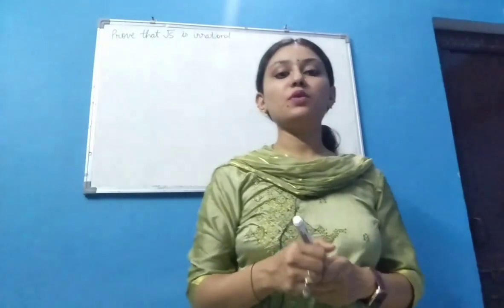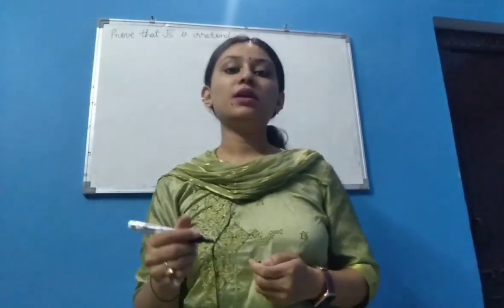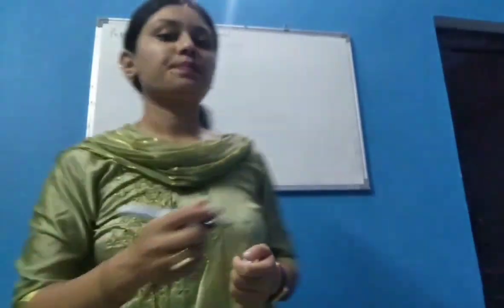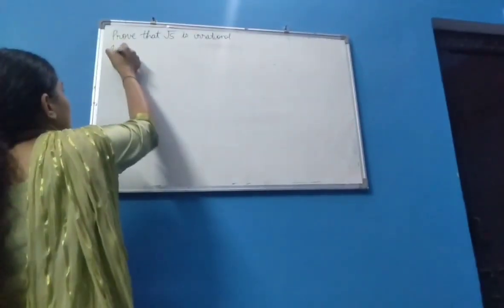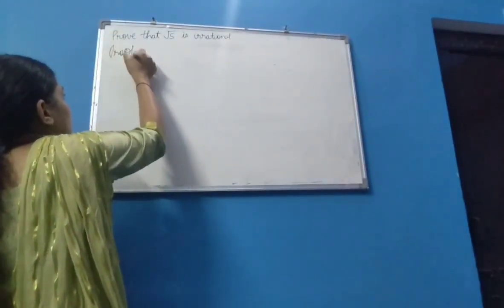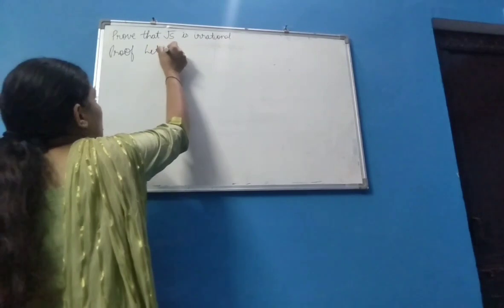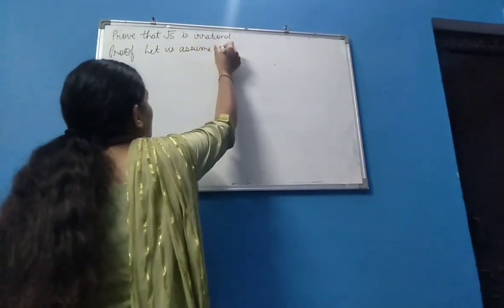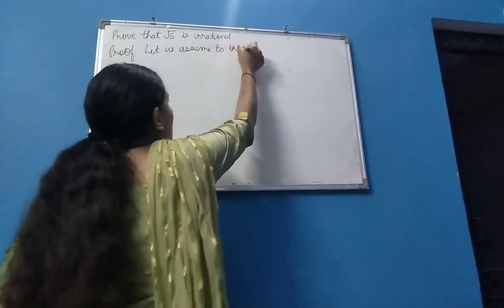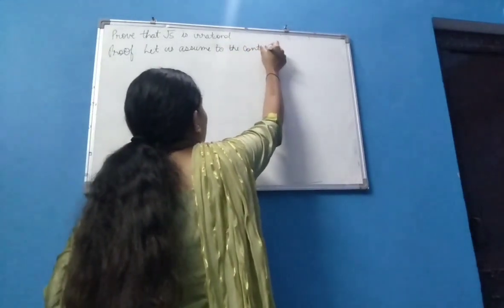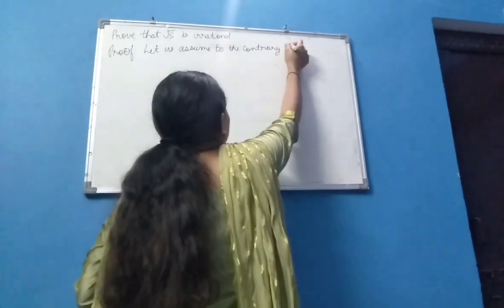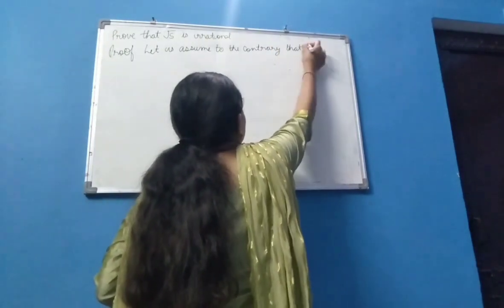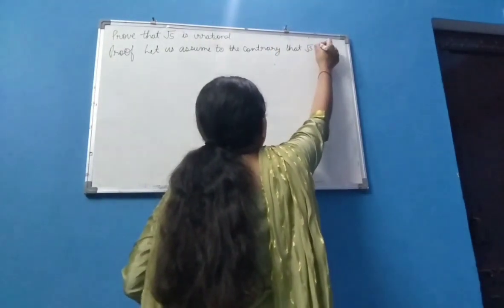So in the proof we write, first of all, let us assume to the contrary that root 5 is rational.